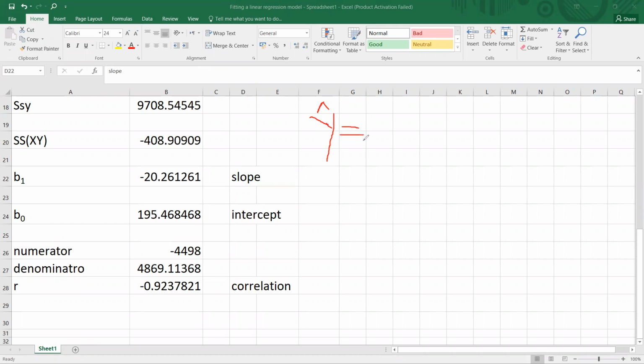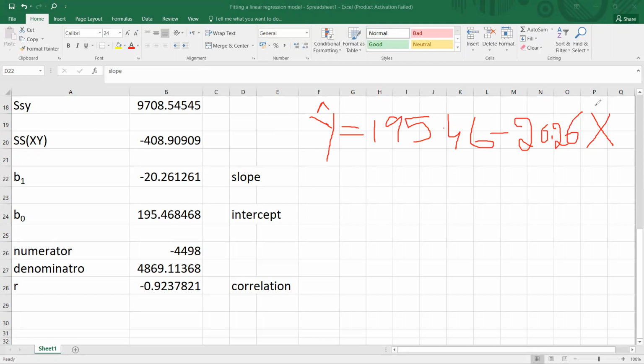B naught, and the value of B naught is 195.46 minus 20.26 times x. There will be no error here because this is the estimated model.